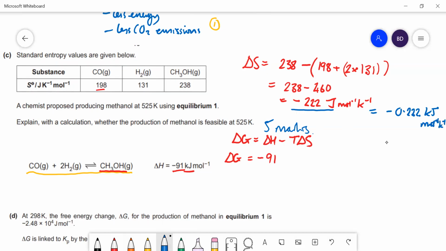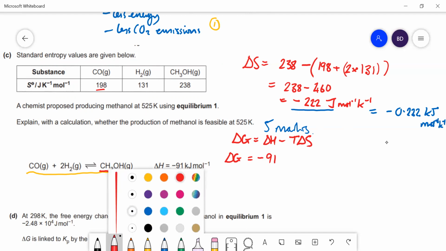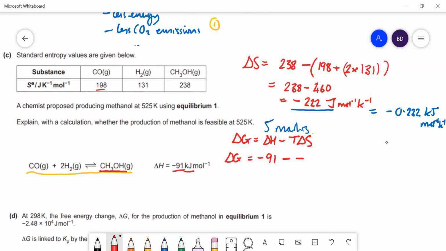Right, let's put that into our equation. So we want minus the temperature, which is 525, and the entropy change is minus 0.22. Okay, so that's minus 91, and that becomes a plus now, doesn't it?